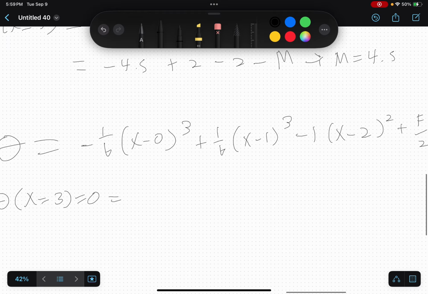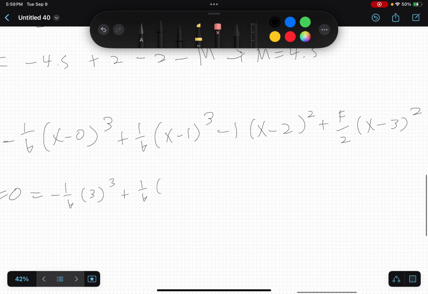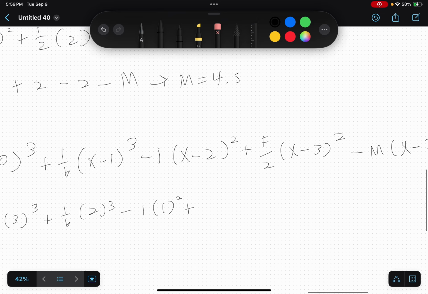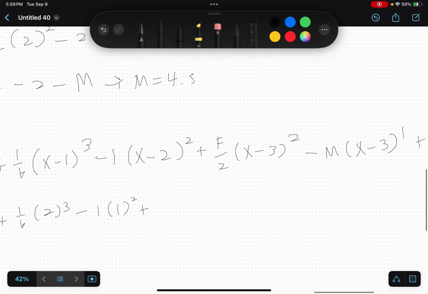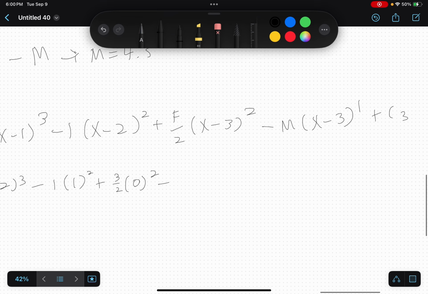So that would be, what was F? F is 3. And M is 4.5.